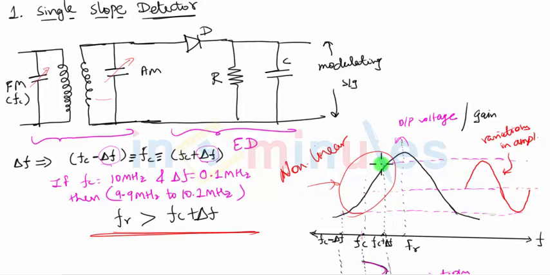So this can be done by simply having a subtraction operation between the two. If you subtract the two non-linear functions, then all the alternate non-linear powers will get cancelled, and hence the linearity will improve of the overall function. So let's now discuss the second circuit, which is double slope detector.